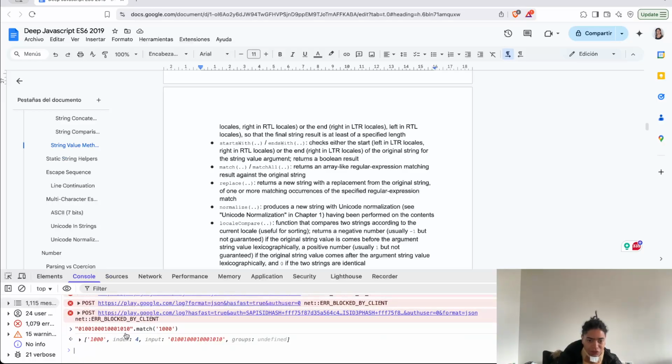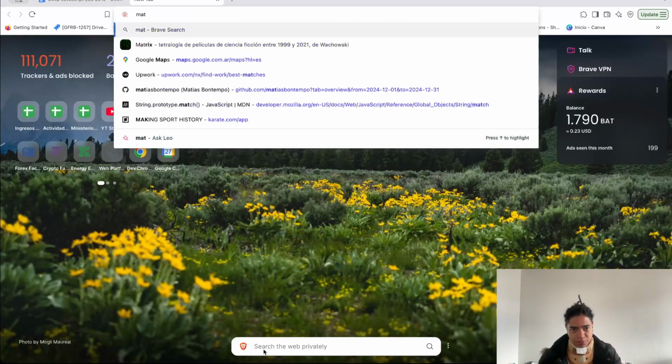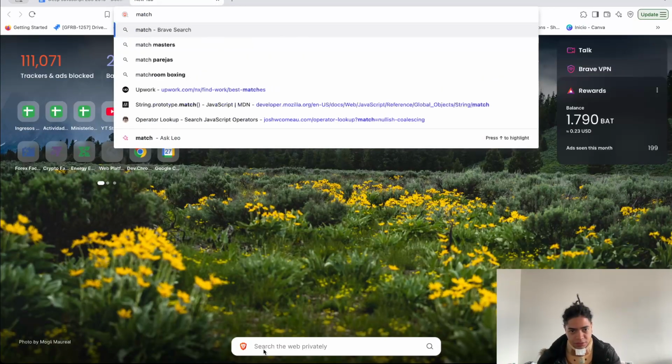So it's going to tell you the index where it's found and the input as well, right? And if it found any other groups that match. So this is great because match is going to give you where it found that, not as we might expect.